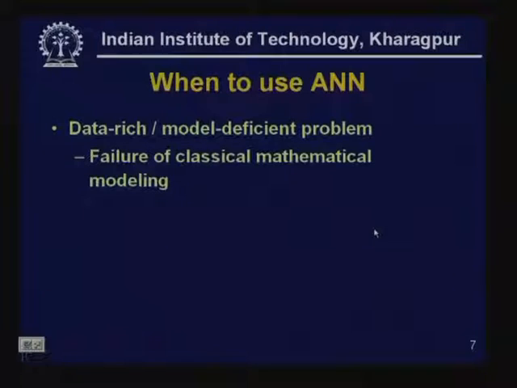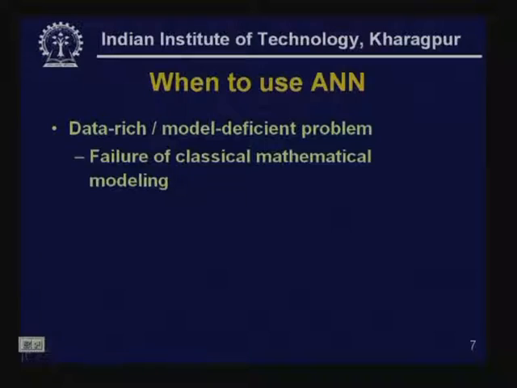Let me briefly tell you what are the types of problems for which the ANN can be considered and appropriate to apply. So, usually problems where we have got a lot of training data, but we do not have a very good model of the data.